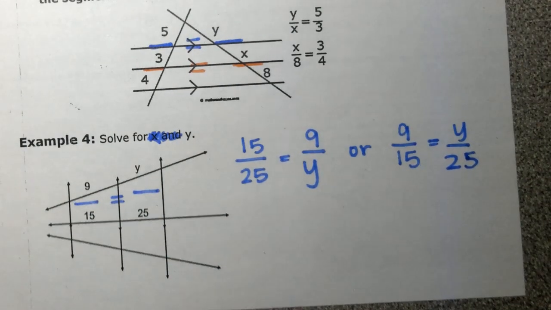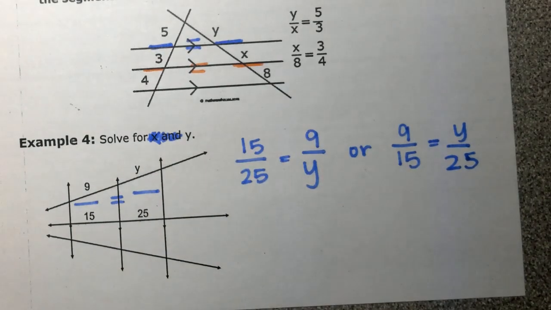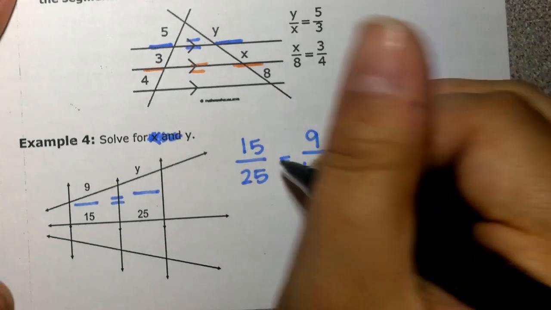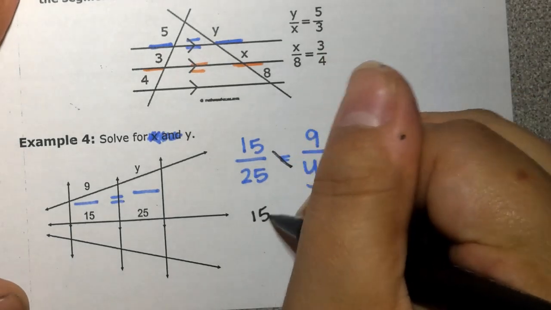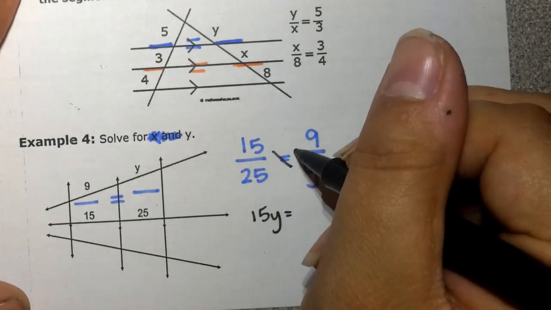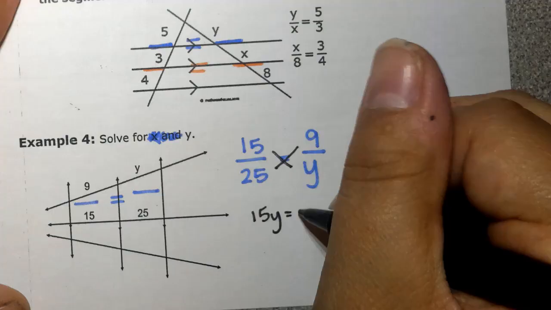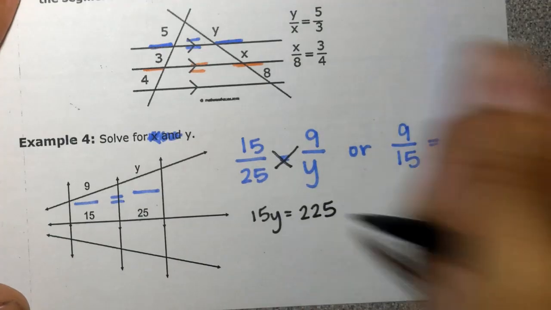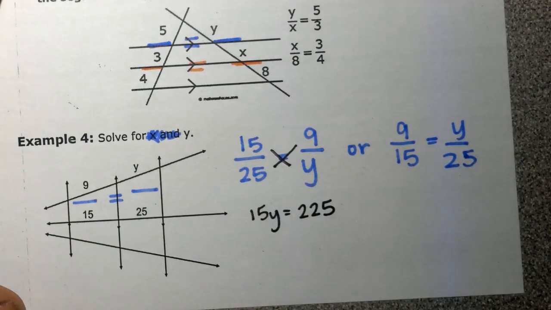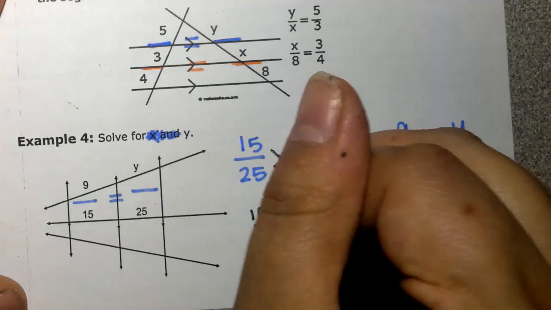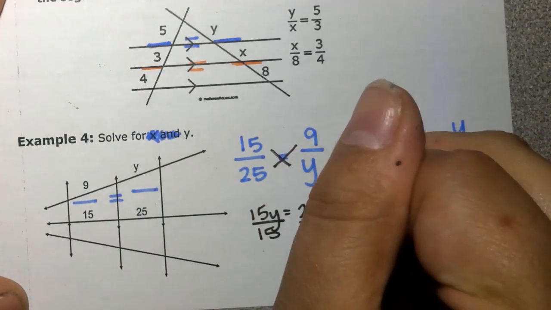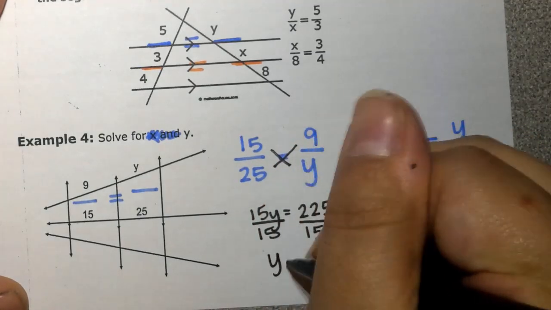Okay? What do I do to find y? Cross multiply. 15y equals 25 times 9 is 225. Does anybody know 225 divided by 15?